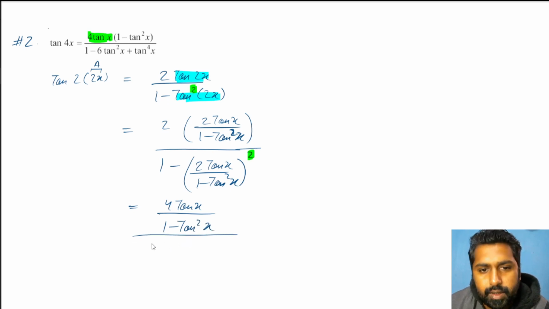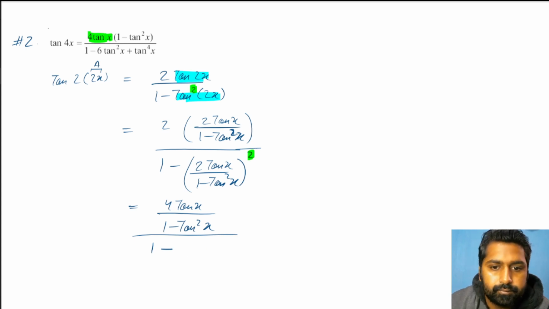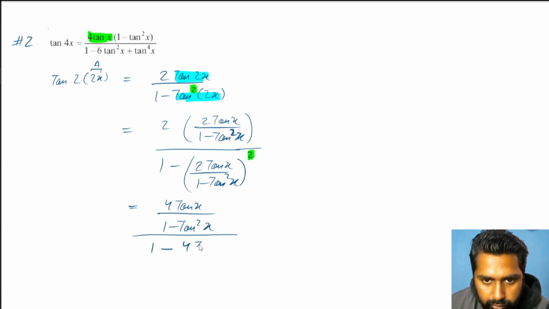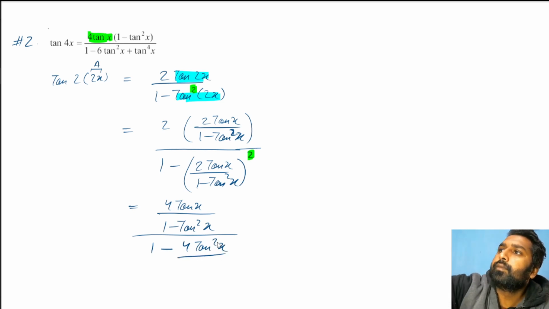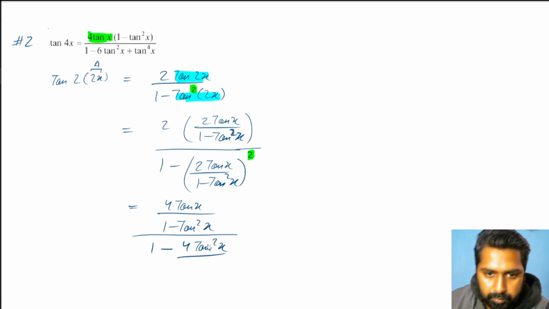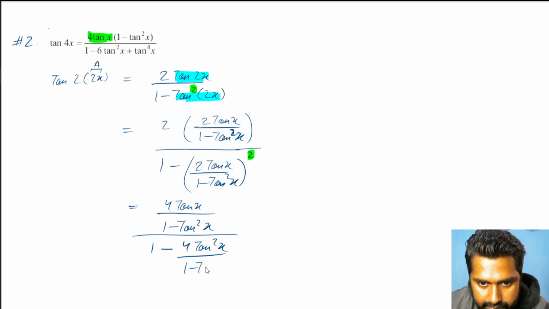Denominator I'll have to square it, so 1 minus 2 tan x, na? So square it, 4 tan square x upon 1 minus tan square x whole square is there.